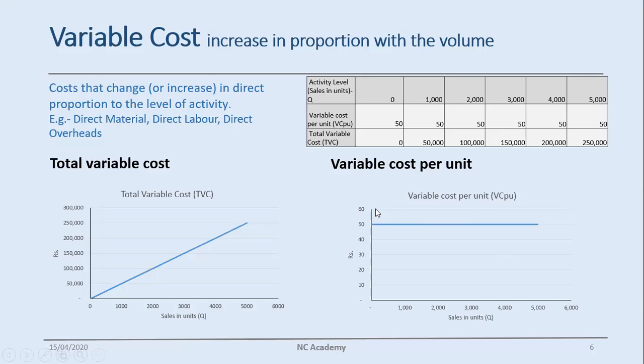So if you see my cursor, that relationship is something like this, rather than a constant line. But this is what management accountants believe for the purpose of CVP. That's an assumption, right?